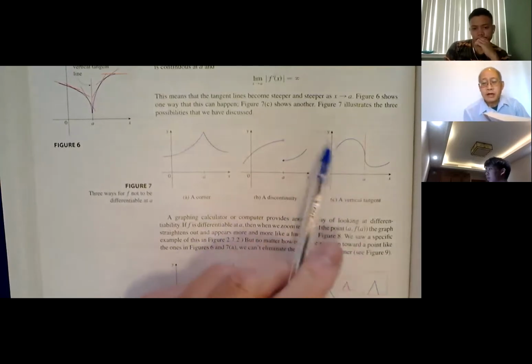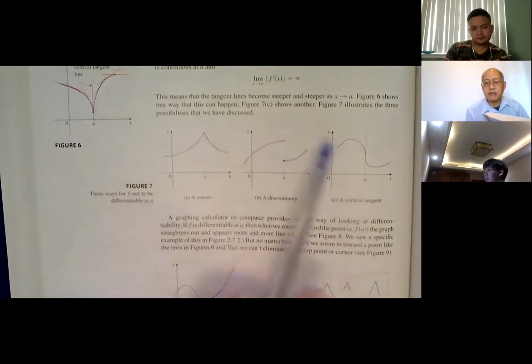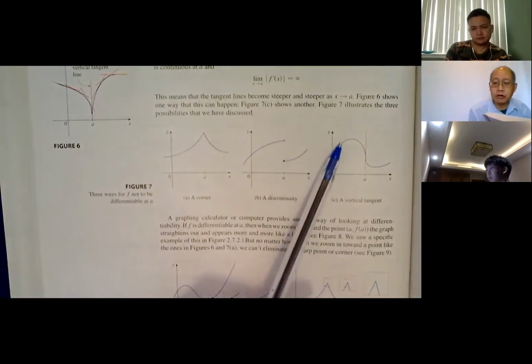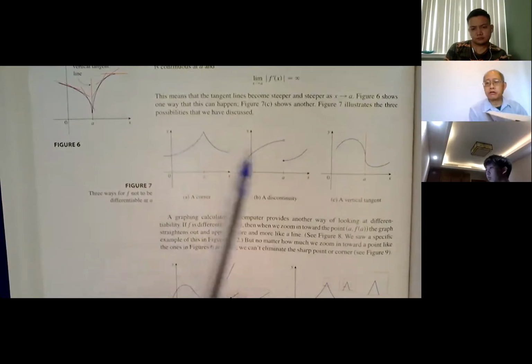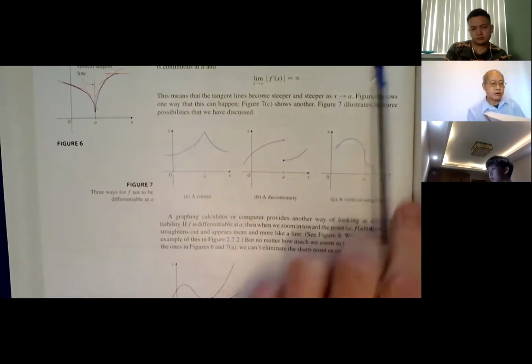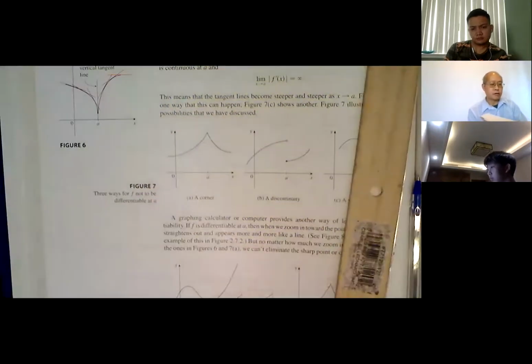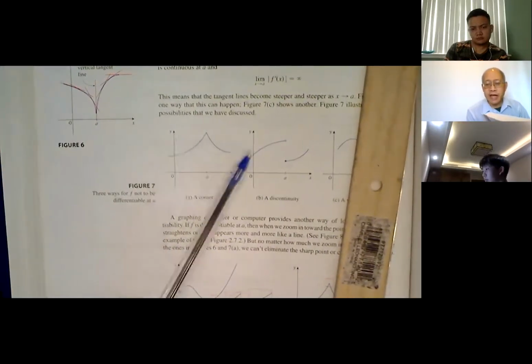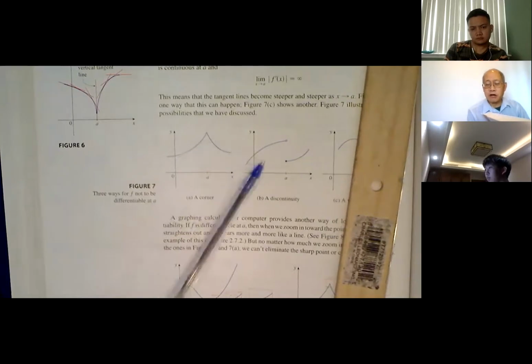I'll just digress a little bit. One way you can think about it is on a ride, like a roller coaster ride. If you think of a roller coaster ride or driving along the road, except for this case, so ignore this case right now. These two are what I would consider dangerous points on a graph or a road.